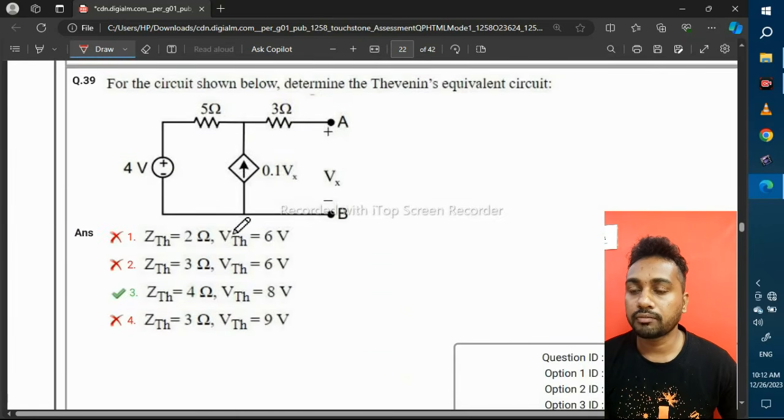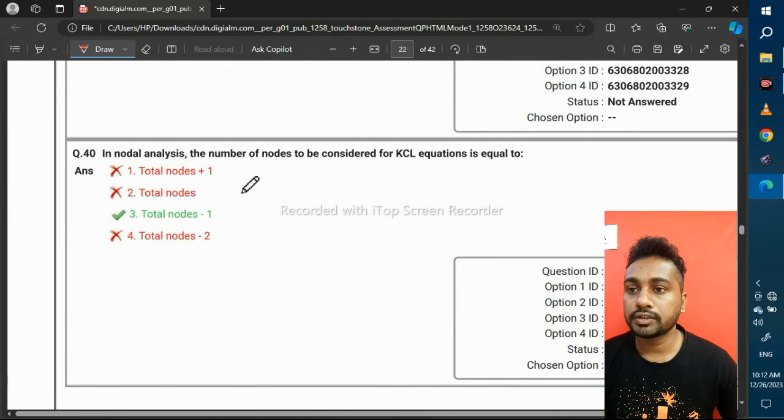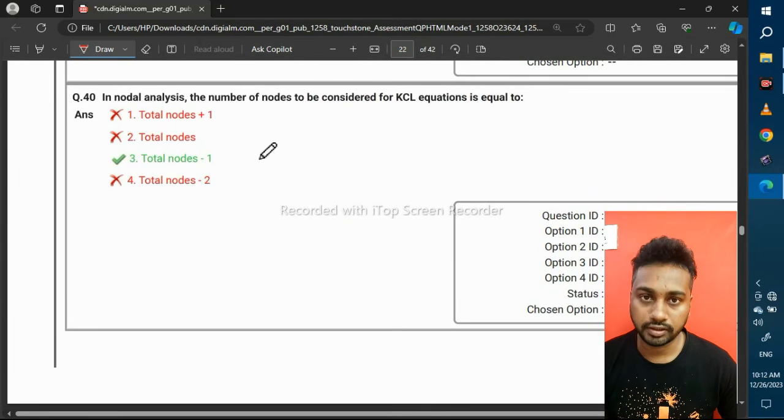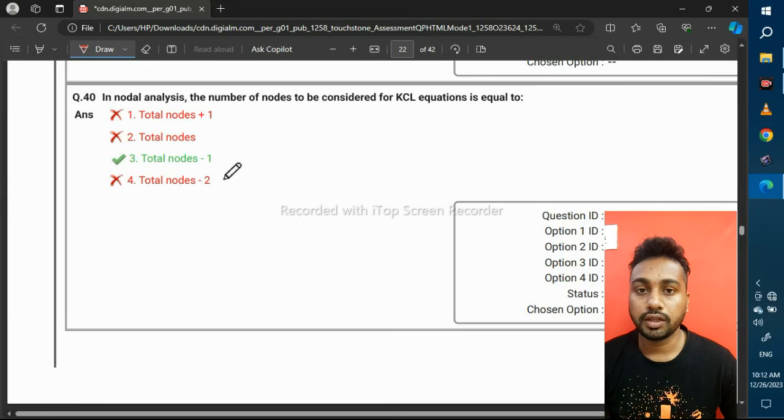Simple, we have to calculate the Thevenin equivalent. You will find this thing only. In a nodal analysis, the number of nodes to be considered for KCL equation is equal to, so if we calculate in KCL, it will always be the total number of nodes minus 1.